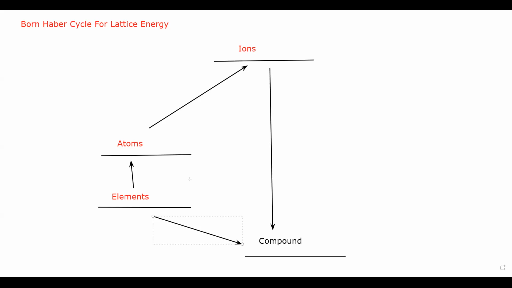So the Born-Haber cycle states that there are two ways the compound can form. Number one, elements first turn into atoms, then atoms turn into ions, and ions form that ionic compound. That's one way. What is the second way? It's straight, directly, elements form a compound.